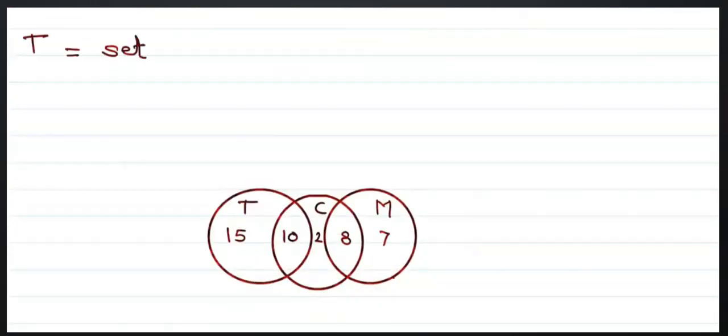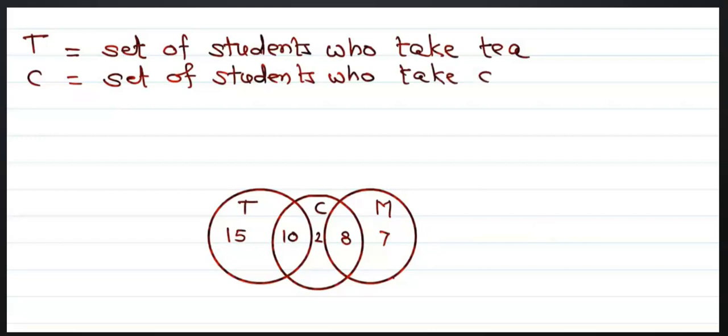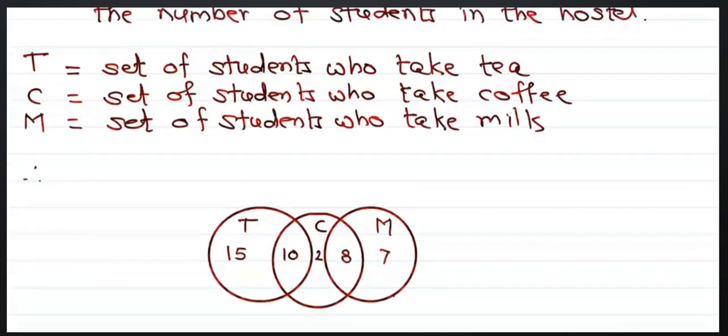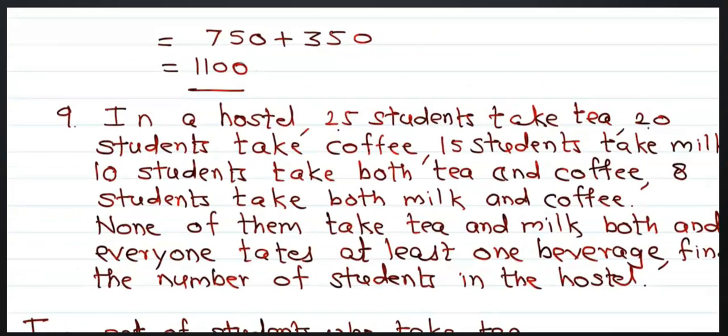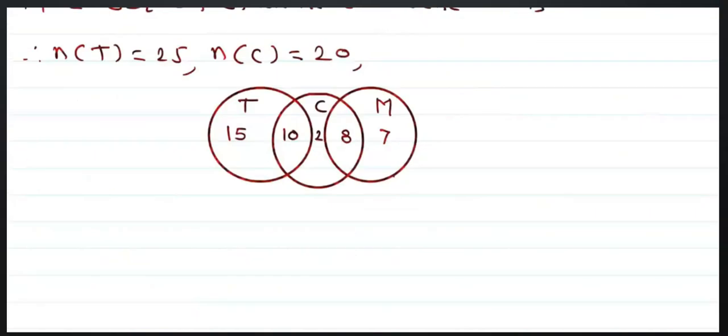Now first, T is the set of students who take tea. C is the set of students who take coffee. M is the set of students who take milk. We are given the following: n of T is equal to 25.